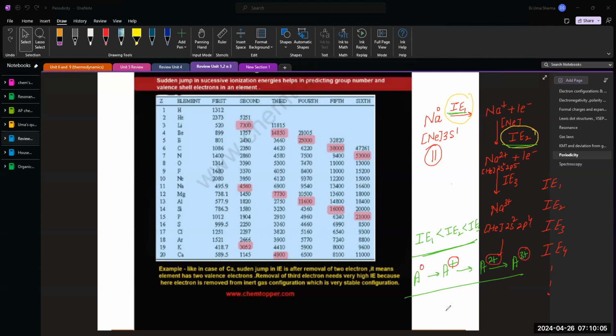This one has 0 charge. There are more protons, so they will become slightly smaller. Nuclear charge is effective nuclear charge, not the nuclear charge. Effective nuclear charge is increasing. Nuclear charge will be the same because element is not changing. Effective nuclear charge is increasing. So it's holding the electron more tightly. Is it okay?